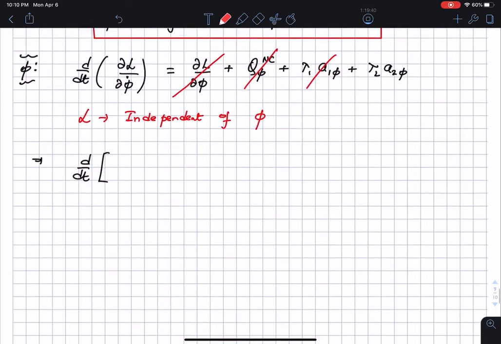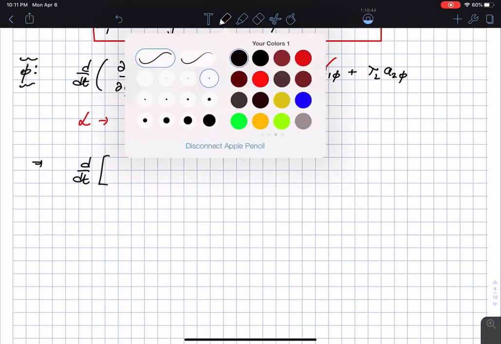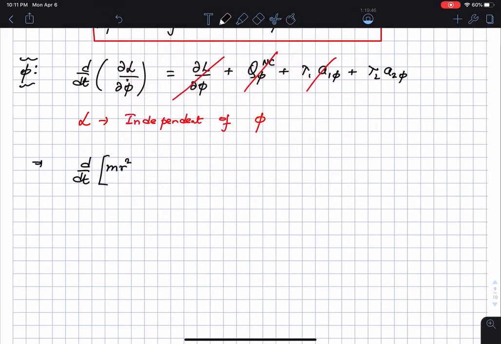Okay, so this is d by dt of, I'm sorry, I'll write it in black color, m r square phi dot sine square theta. This is equal to lambda 2 times 1, and this is because a2 phi is equal to 1.